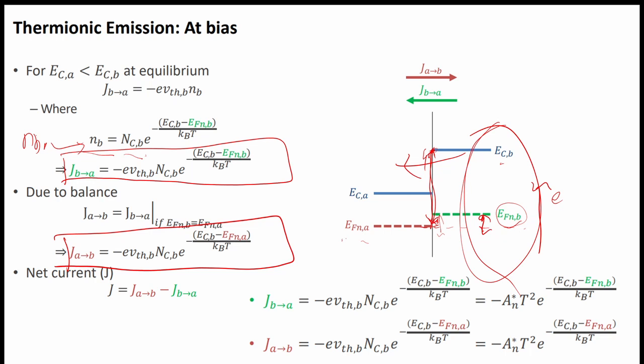Net current at this position will be whatever the current is flowing from the semiconductor to the metal minus the current flowing from the metal to the semiconductor. The difference between the currents from both of these will be the net current.